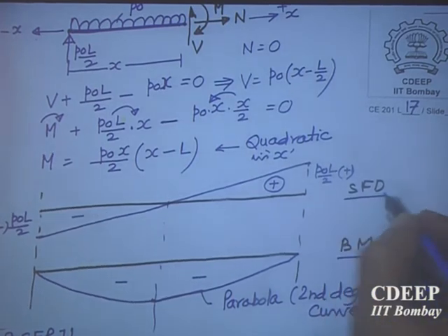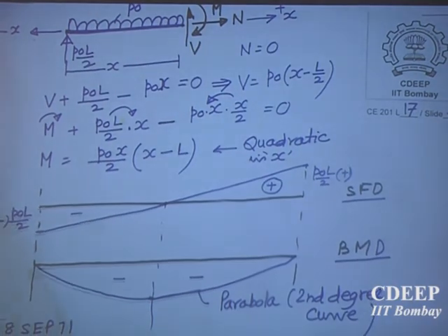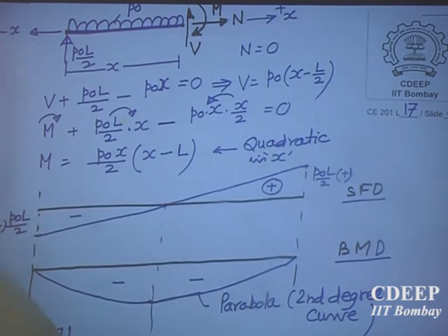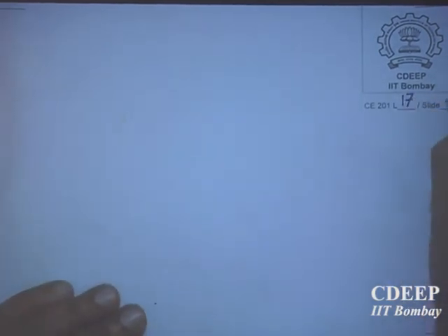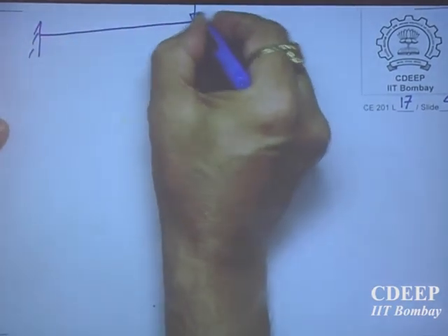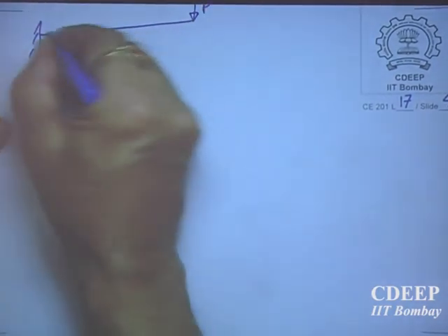This is your shear force. Of course, axial force is 0 here. So I will just give them some examples to solve. See, please solve this problem, a cantilever problem with a load P L. A cantilever.